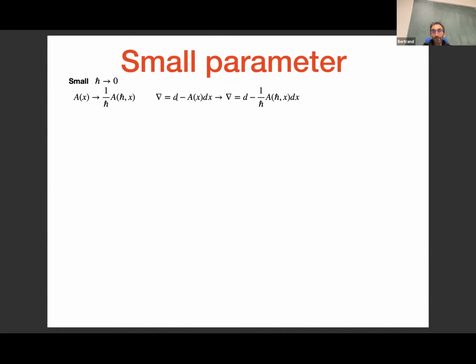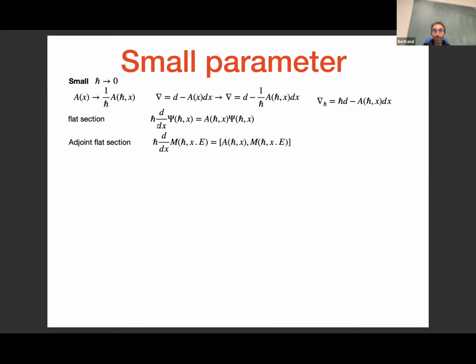So there is the rescaled connection, and in fact it's better to introduce the notion of an h bar connection because we put the h bar in front of the d now, so we multiply everything by h bar. Now the flat section equation gets an h bar in front of the derivative, so it's just the same equation with an h bar in front of the derivative.